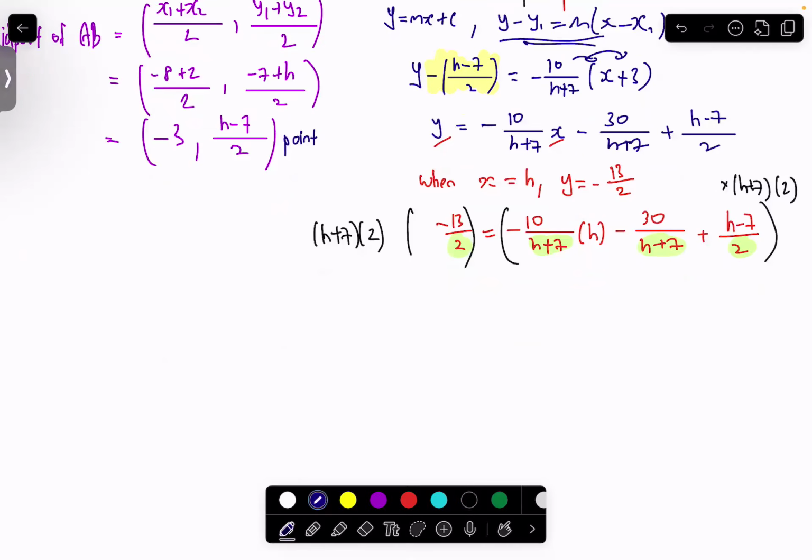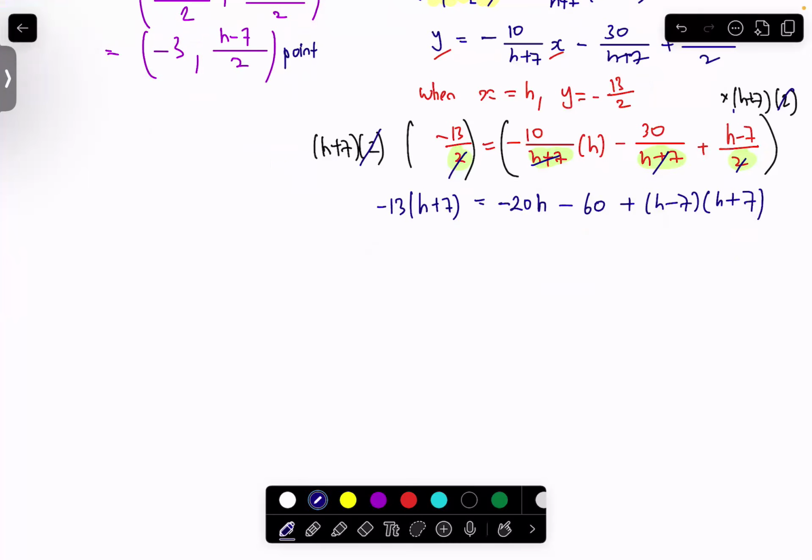On the left, the 2 takes away this part, so I'll have -13(h + 7) equals, now when I multiply, h + 7 will cancel the h + 7 over here, but I have to deal with the 2, so it's -20h. The h + 7 cancels the h + 7, so I'll get -60. The 2 cancels the 2, so I will have plus (h - 7) multiplied by (h + 7). So in this step, I effectively get rid of all the denominators.